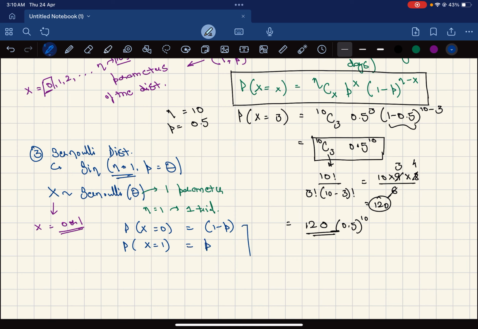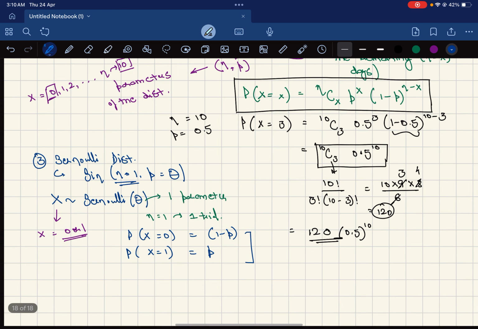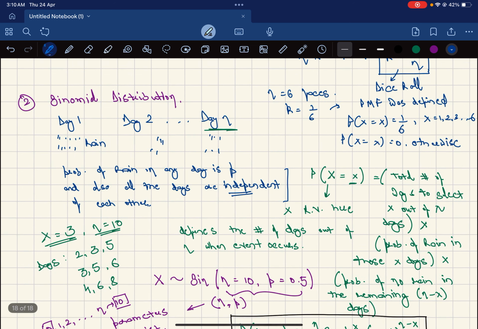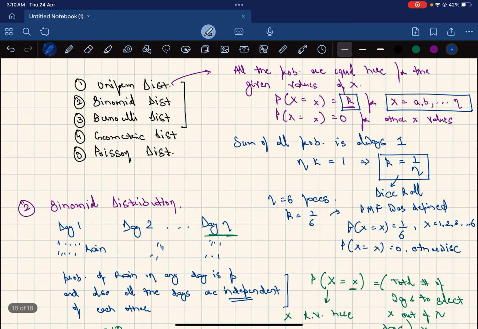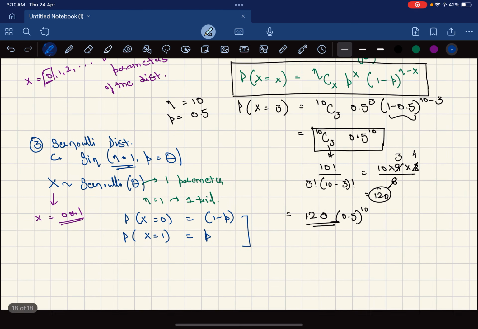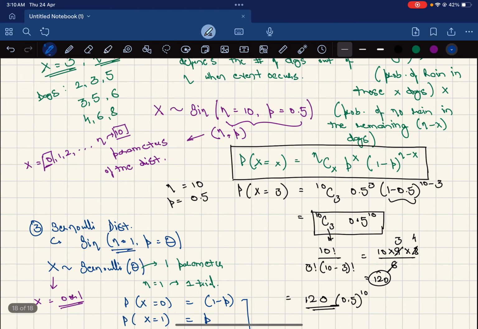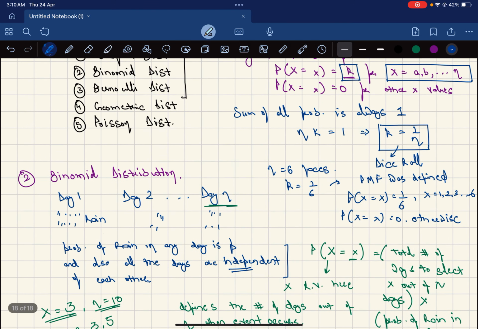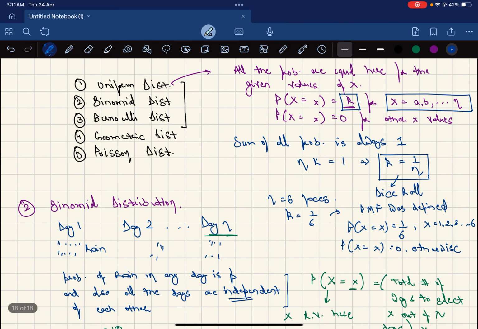And as you can see, the sum of the probabilities is 1, and p is nothing but the probability of that event to occur on that single trial. So we looked at uniform distribution, binomial distribution and Bernoulli distribution, which was a special case of binomial distribution with only one trial in this particular session, and we'll be looking at the remaining two distributions along with some Python implementations in our next session.